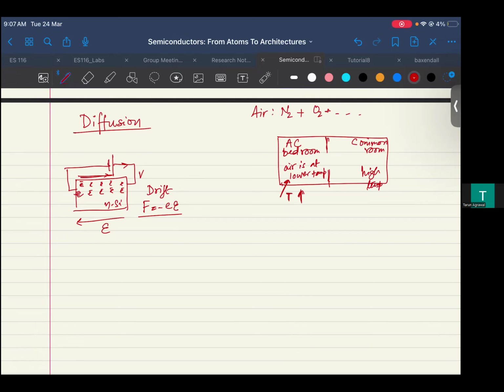Suddenly the hot air, and this is the cold air, the hot air starts to move, and this is at an atomic scale, because you are looking at the molecules going from there. If you really want to see this phenomenon, you have to look at the atomic scale, or how the air from the outside, hot, is moving to cold.